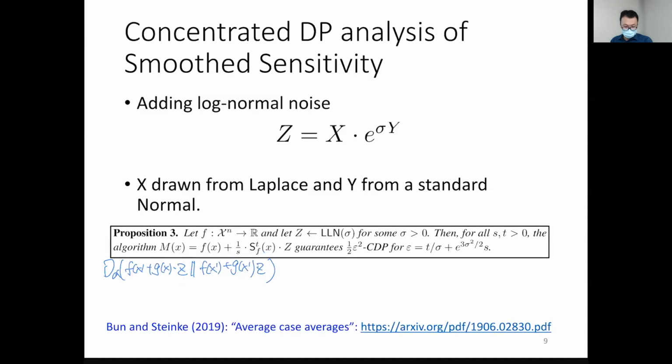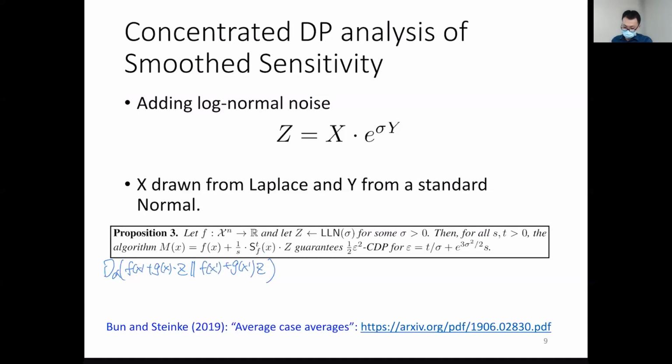So maybe let's simplify this a little bit so that we can get away with just working on the two noise distributions alone rather than dealing with f(x) and f(x'). So what we can do is, let's first move this f(x) to the other side, right?